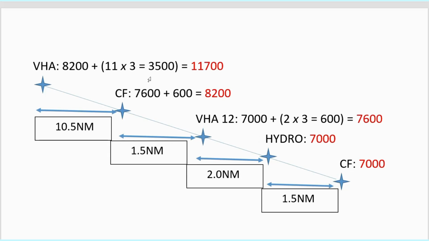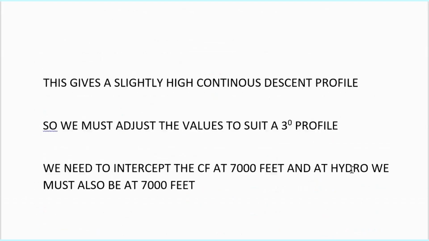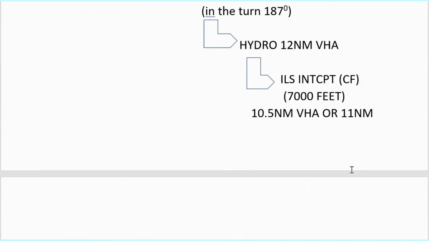Now if you program the FMS in this sequence, it should give you a very good continuous descent profile. Okay, so 11,700, 8,200, 7,600, 7,000, 7,000. So I'm going to come all the way from the northeast.